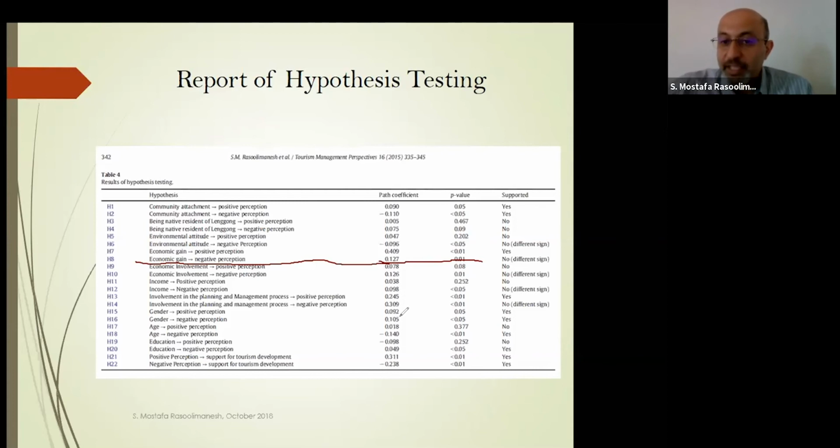But here, the result is positive, 0.127. The p-value is 0.01, so it's significant, but the sign of path coefficient is different from our hypothesis.